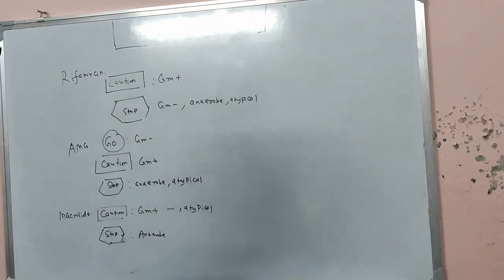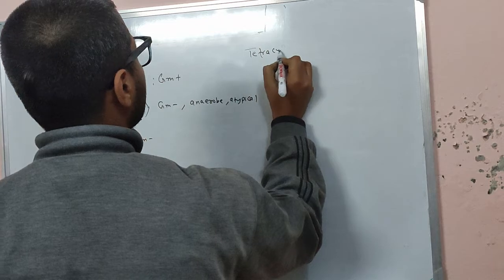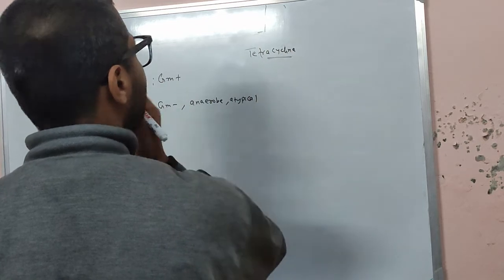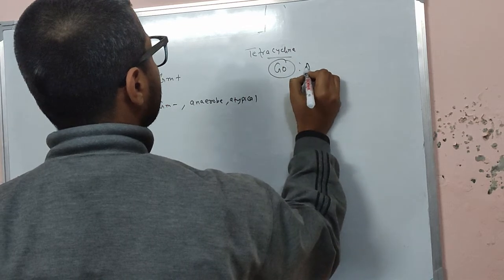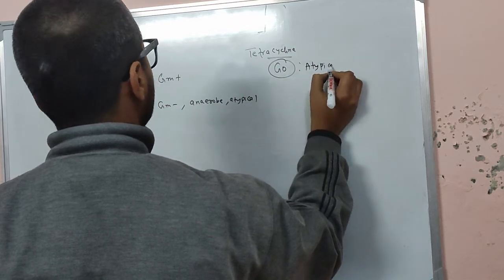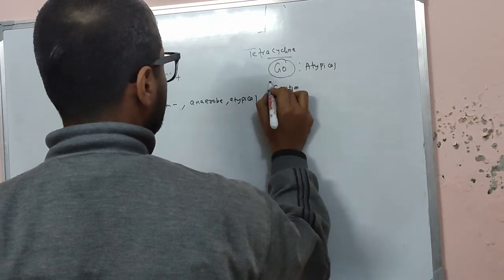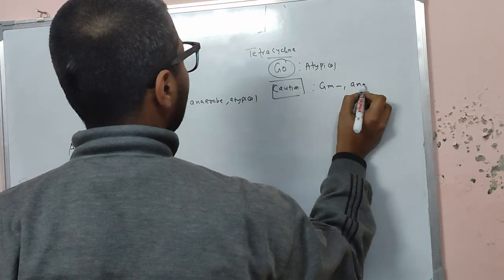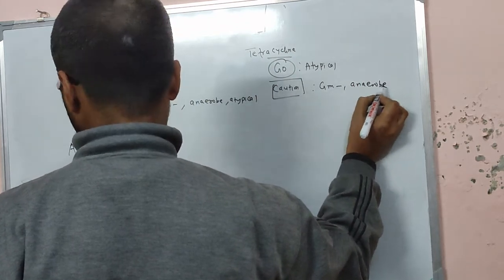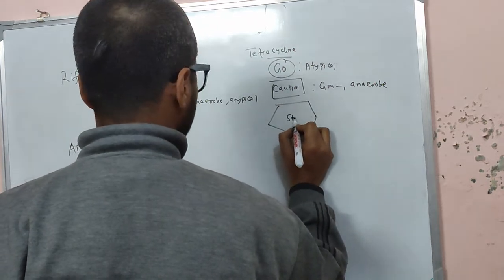Okay. Now let's talk about tetracycline, which includes doxycycline. It is fully effective against atypical and somewhat effective against gram-negative and anaerobes, and it is not at all effective against gram-positive.